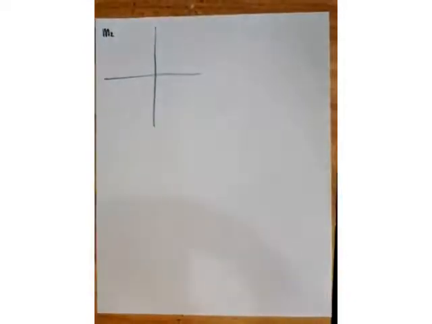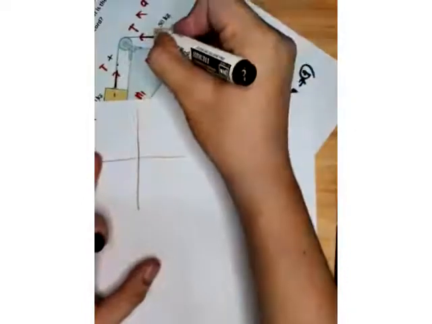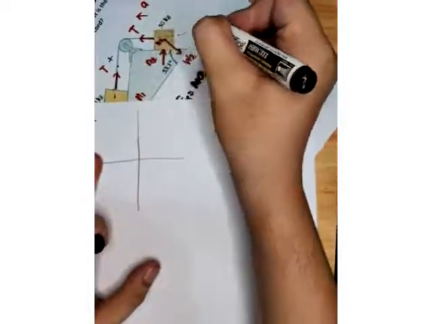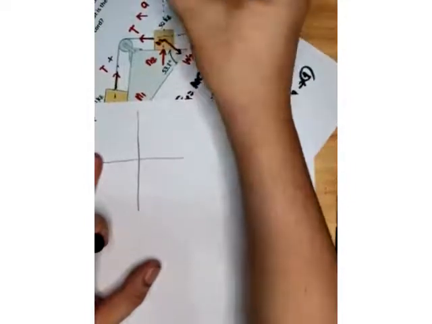Okay, so we have mass 2. Ayan. Okay, mass 2. So we'll also need to rotate axis. So let this be our X and then this will be Y. Ayan.